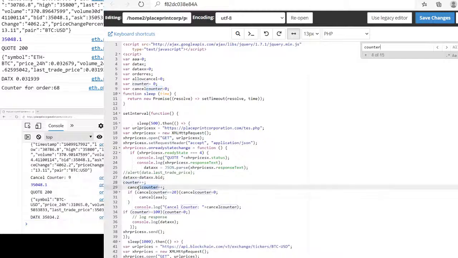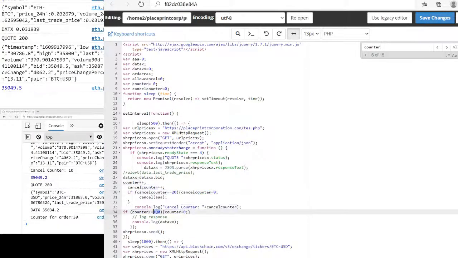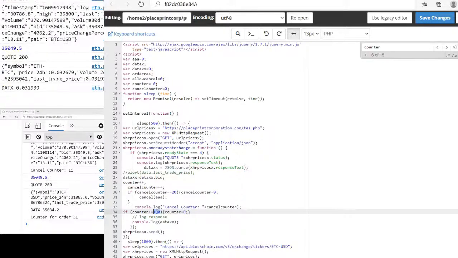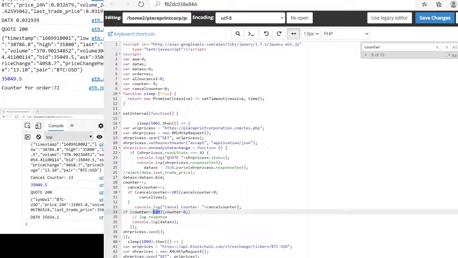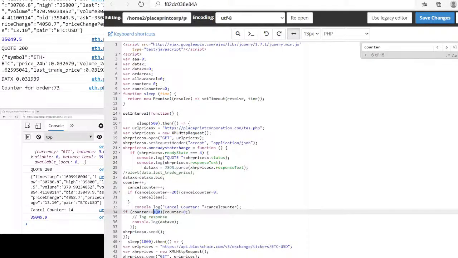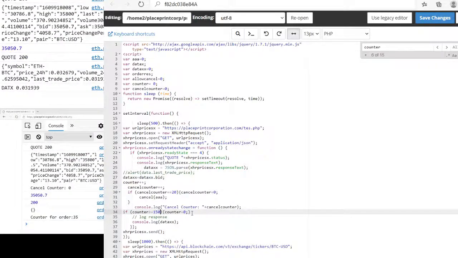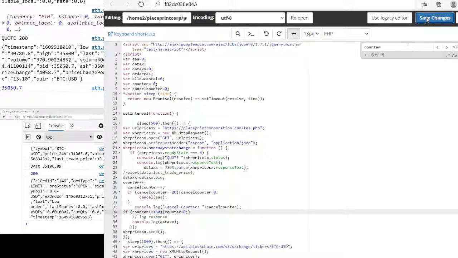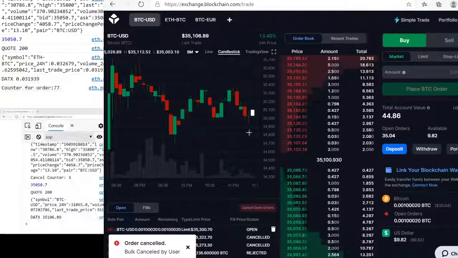If counter equals. If counter greater than or equal. There it is. Let's set it to what? 300, 150, 150. We don't need to be buying as much, do we? No, we can slow it down. We'll save fees.